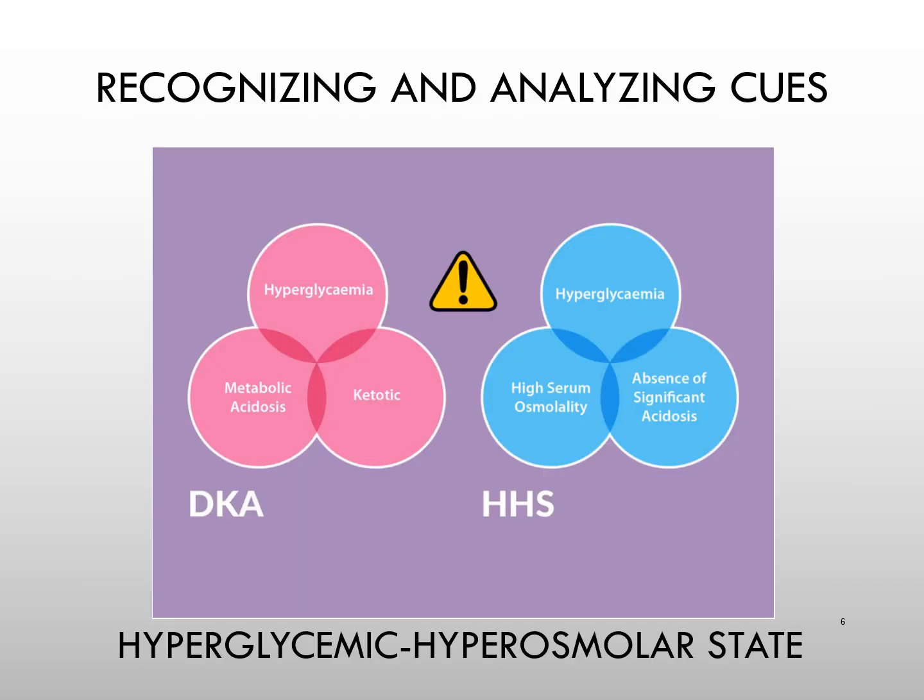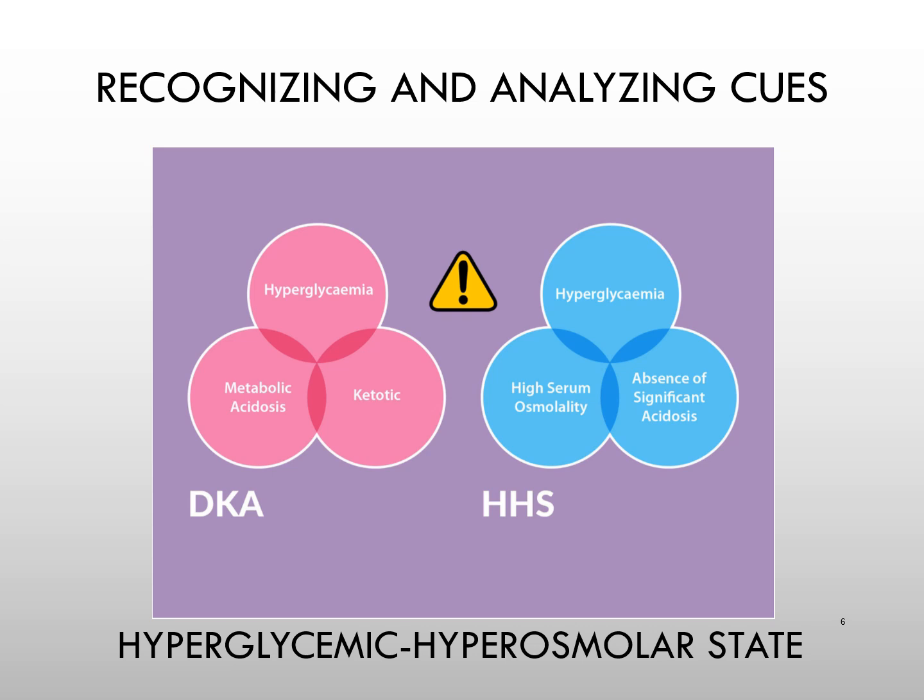The hyperglycemic hyperosmolar state is going to result from sustained osmotic diuresis, and this will lead to hyperglycemia. One of the big differences between DKA and HHS is with HHS, there is little to no breakdown of fat in the cells.